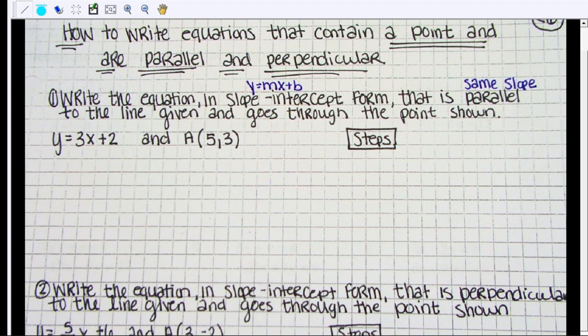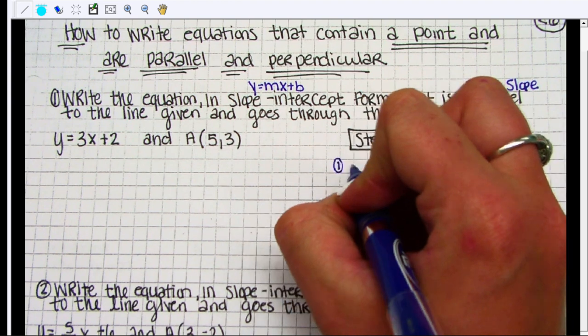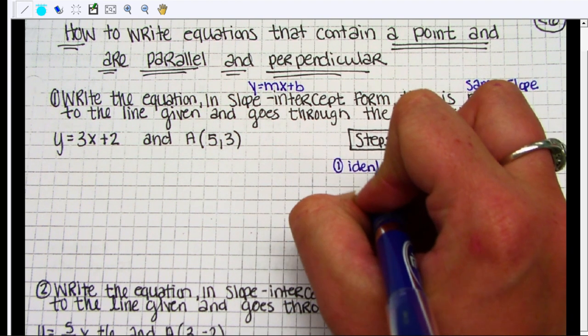Remember, we name lines based on what we need to graph them. So I've read the question, I know that I need to put it in slope-intercept form, and the slopes have to be the same. So the first thing that we're going to do, step 1, is to identify the slope.